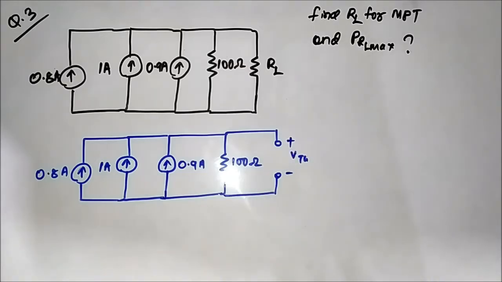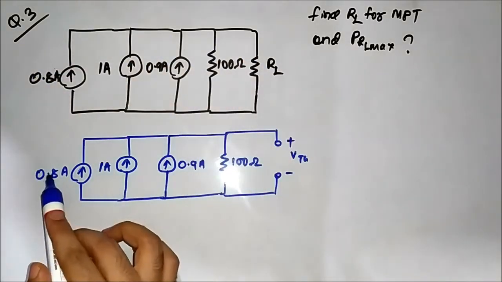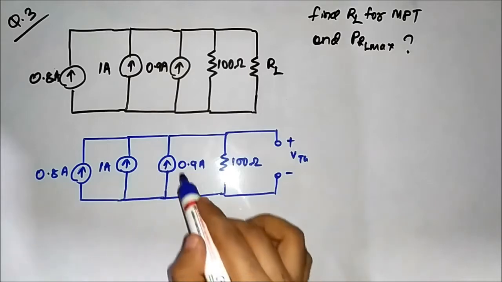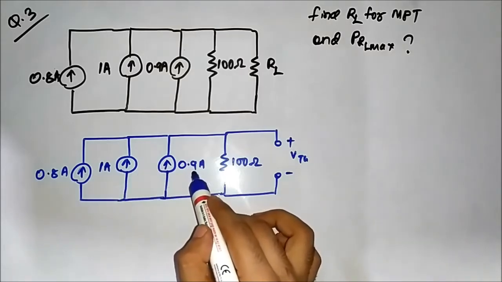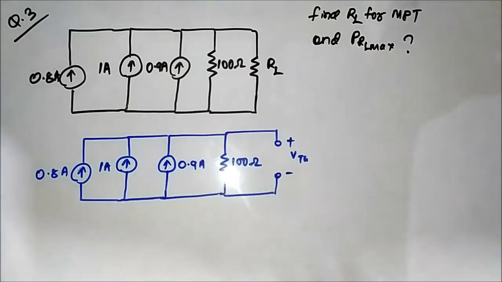Okay, so here if you notice, 0.8 ampere, 1 ampere and 0.9 ampere, they are all in one direction.